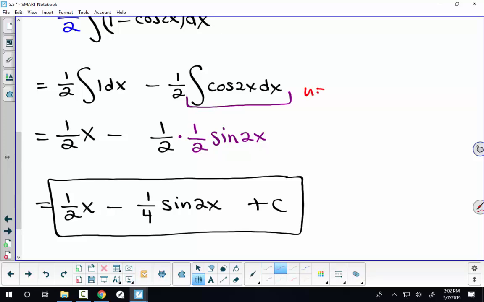Otherwise, then your u is equal to 2x, du is 2 dx. Okay. So that's where this 1/2 would come from. If you did a u substitution, that would give you that 1/2. Any questions on this example?